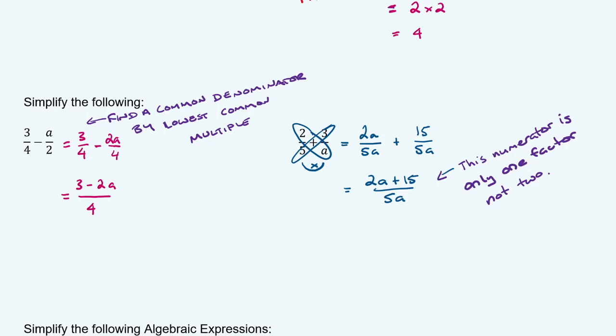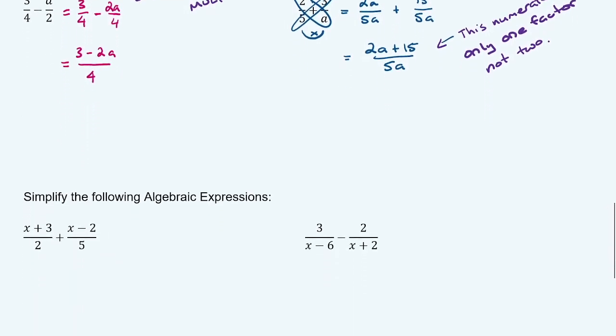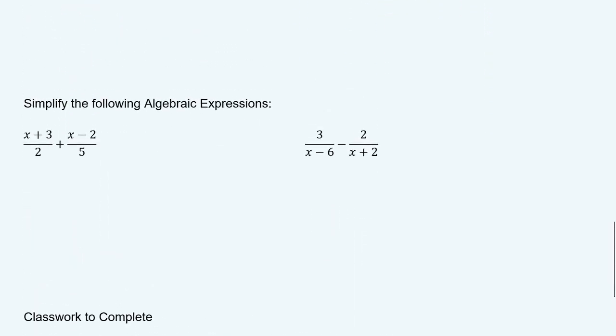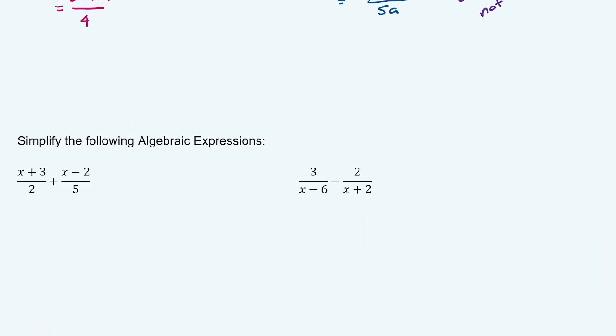Couple more, we've got 2 more to look at, and then we are going to be done with this video. Here we go. Simplify these expressions. These ones are quite a bit trickier, and these are going to be in our challenge questions in the exercise rather than the must questions. But we do exactly the same thing. We find a common multiple, and in this case it's going to be 10 because that is the lowest common multiple.